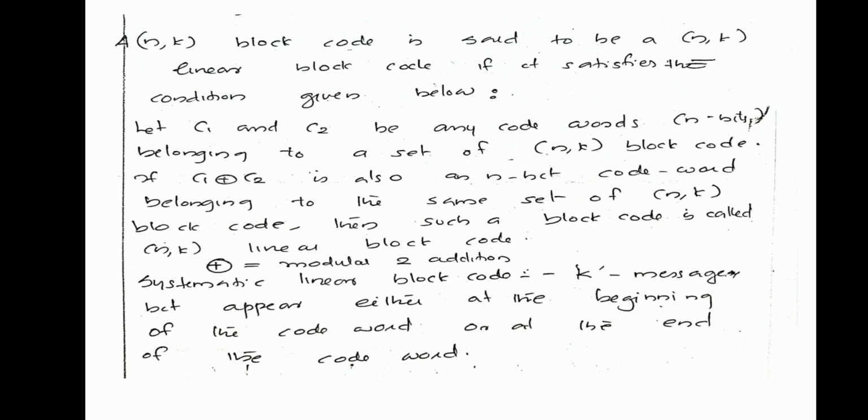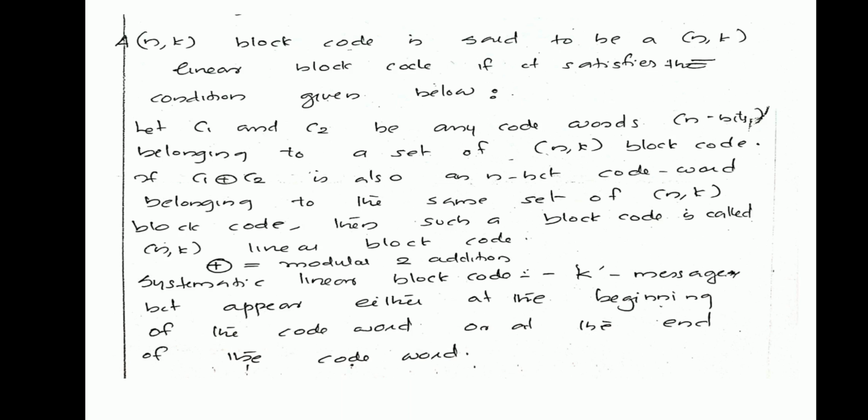Next we can see how this block code acts as a linear block code. An (n,k) block code is said to be an (n,k) linear block code if it satisfies one condition. Let C1 and C2 be any code words of n bits belonging to the set of (n,k) block codes.